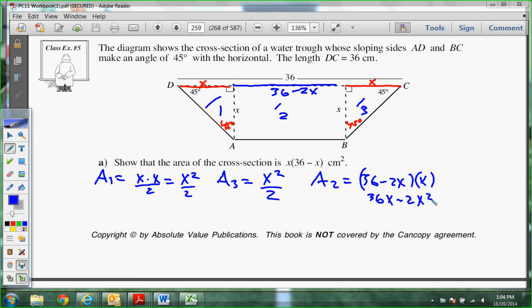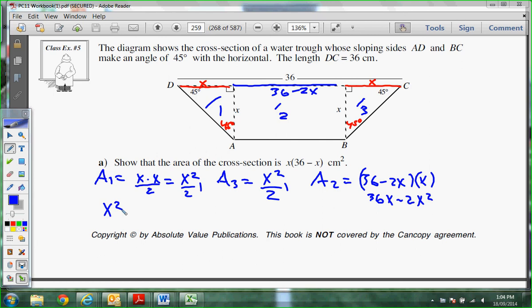And what we're going to do is add all these. So x squared over 2 is the same thing as what? It's the same thing as half an x squared. 1/2 x squared. So what's 1/2 plus 1/2? 1. I'm trying to say that if I add these two, because I'm adding all the cross sections, x squared over 2 plus x squared over 2 is just x squared.